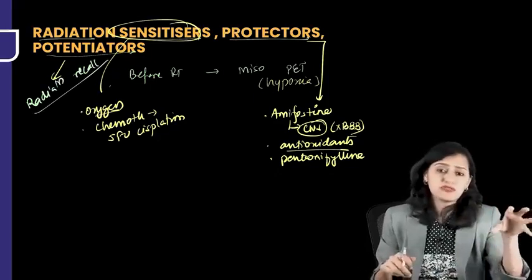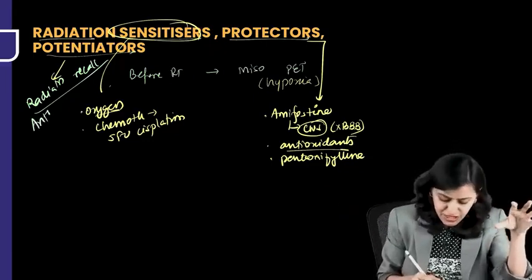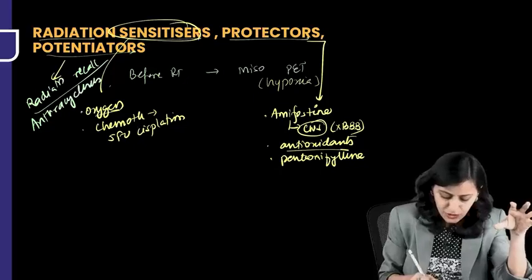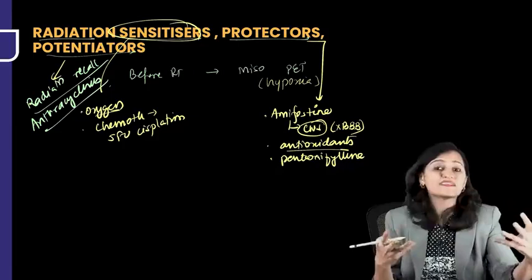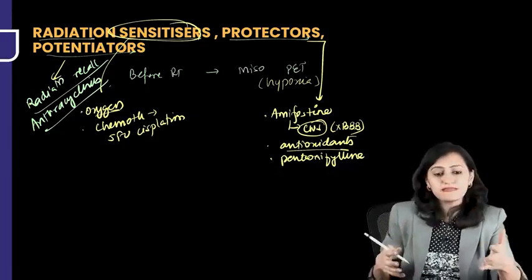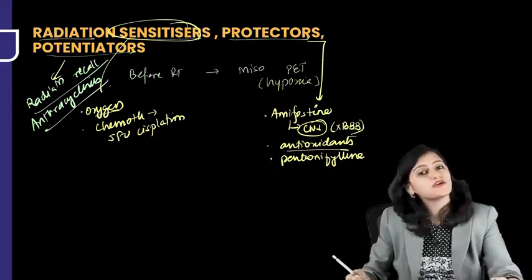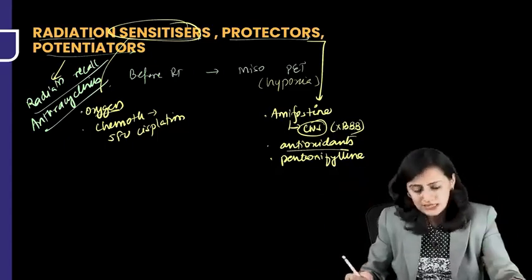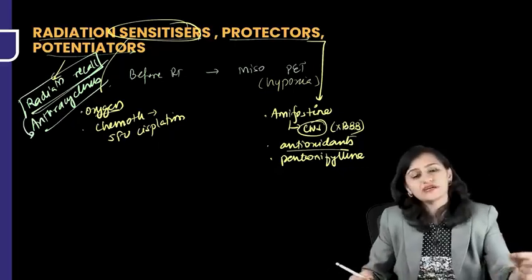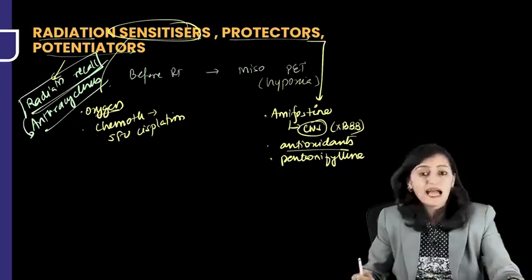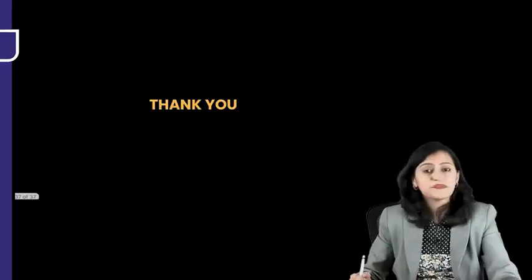So when we give radiotherapy and after that we give chemotherapy with these drugs, which are anthracyclines, doxorubicin, daunorubicin, at the site of radiation there is erythema which develops. So remember that these are radiation potentiators. They increase the effect of the radiotherapy if given together as well. And they can also show the side effect of radiation recall. The anthracyclines, that is doxorubicin and daunorubicin. These are the radiation potentiators, right?